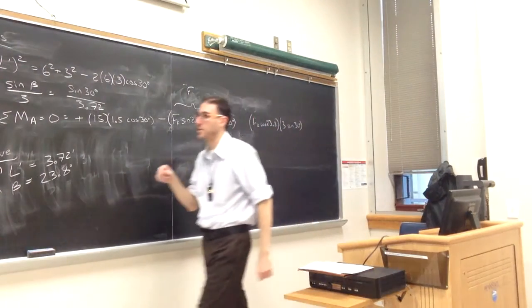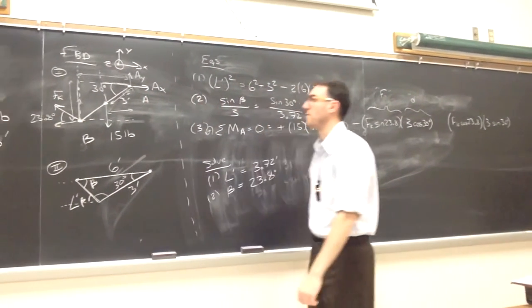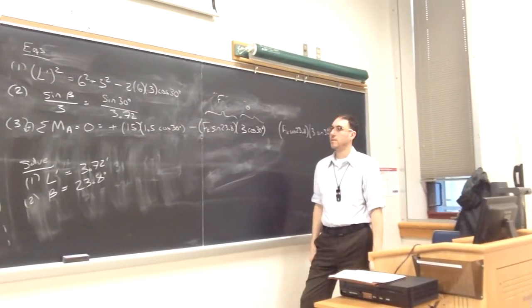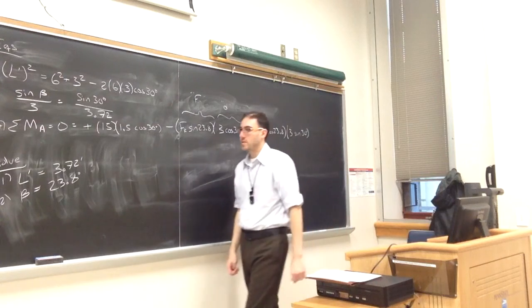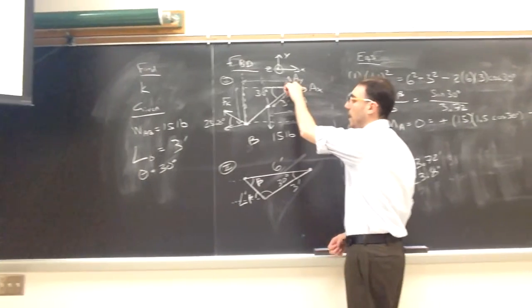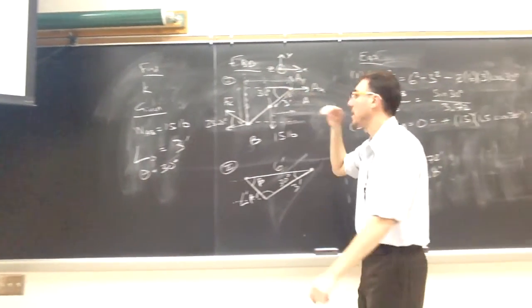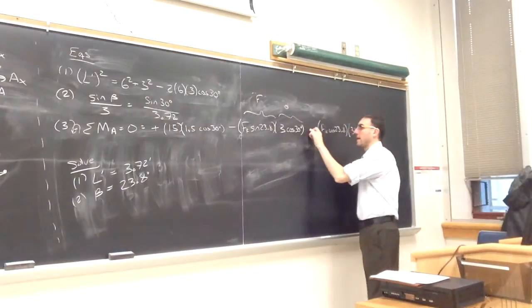Now, going back to the horizontal piece of Fk, will that be positive or negative around point A? Right, if we hold it at A, it's going to cause the structure, if this were a piece of paper, the paper would be spinning clockwise, so therefore this is also negative.